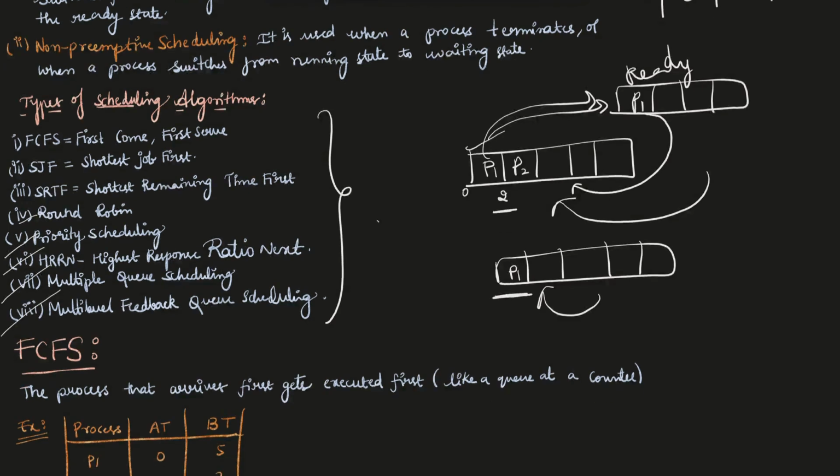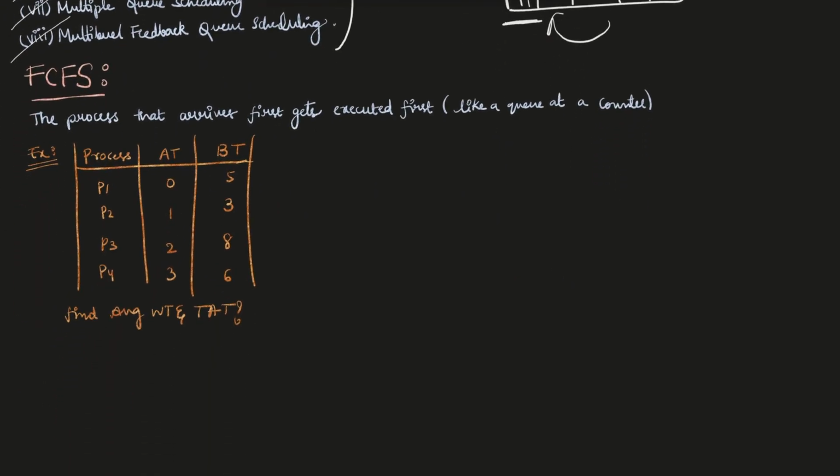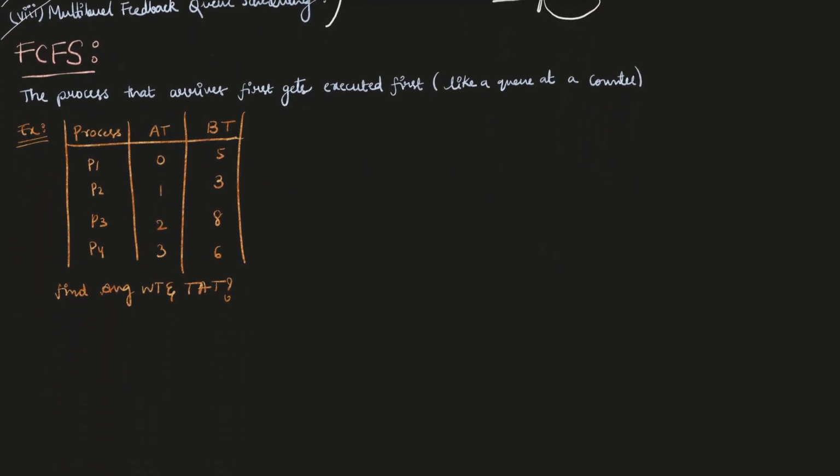Now let's see FCFS in today's class, that is first come first serve. The name itself tells us that whichever process arrives first gets the chance for execution. In FCFS it only has non-preemptive scheduling.